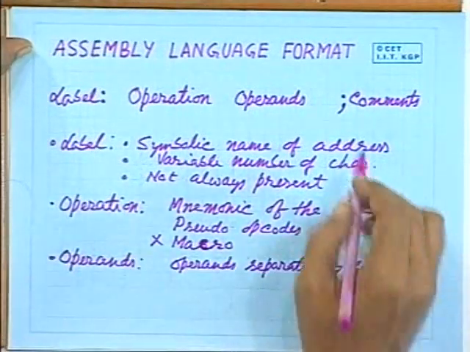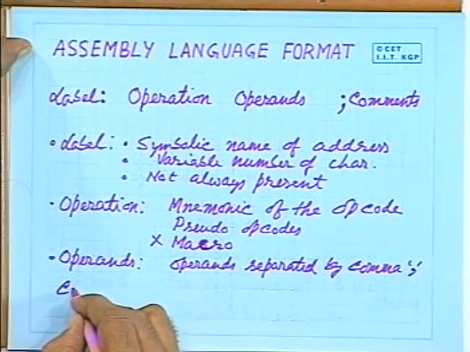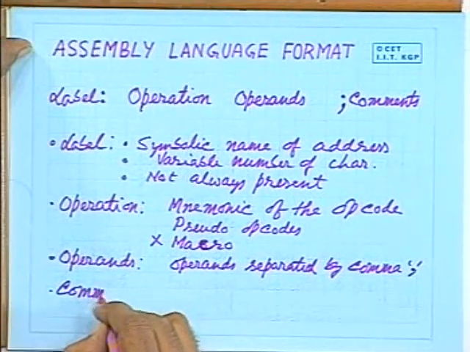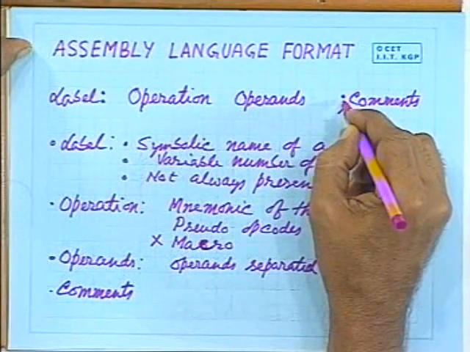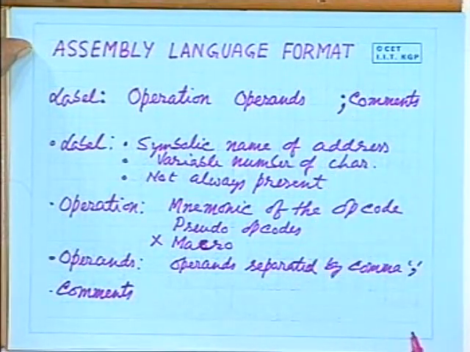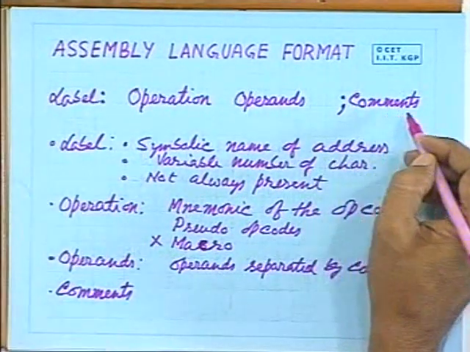Finally, there is a field called comments. The comments field is separated by a delimiter semicolon, and this field is used for writing your comments so that the programs become self-documenting.